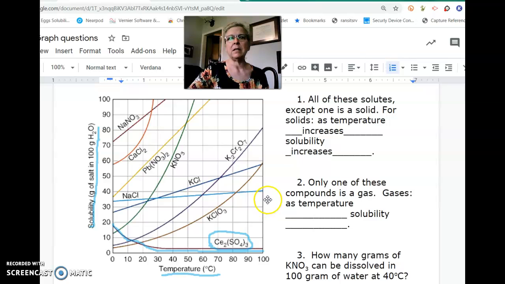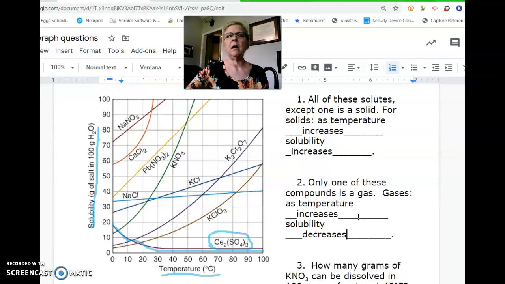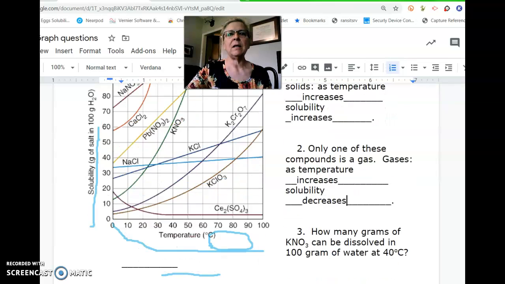So what is the trend? As temperature is still increasing, solubility has a negative slope. So solubility is decreasing. Let's write that in on our lines: as temperature increases, solubility decreases. Okay, so good to know. And let's continue on and see if we can answer the next question.